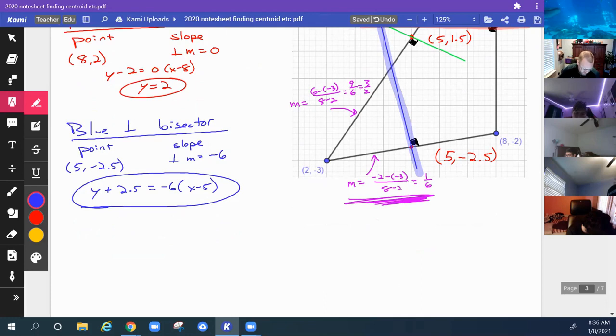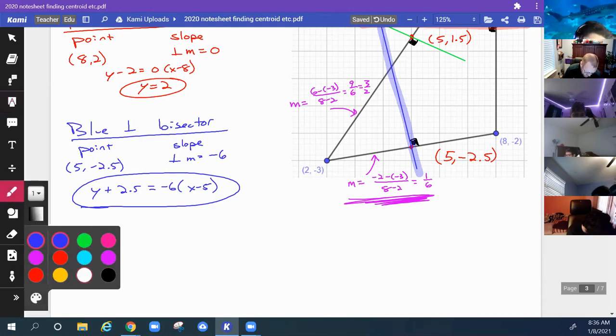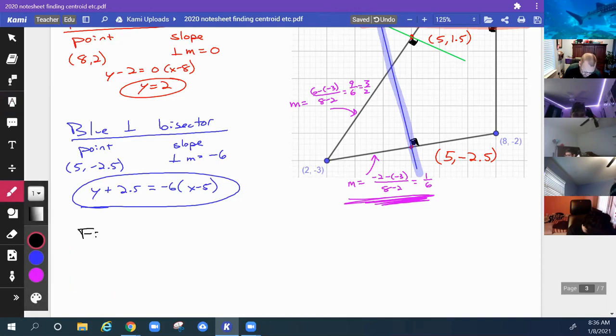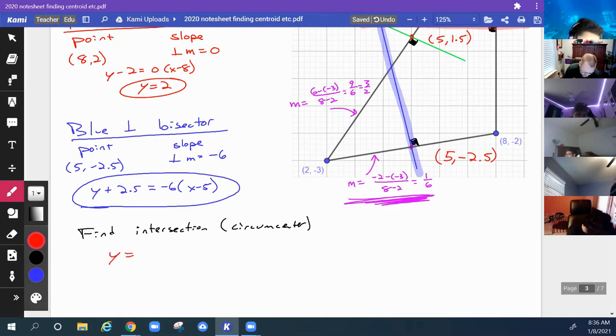So now, in order to go through, okay, I want to find, do it again, let's get rid of here. So I want to find the intersection, which is going to be the circumcenter, okay, of the red equation, which is y equals 2, and the blue equation, which is y plus 2.5 equals a -6 times x minus 5.